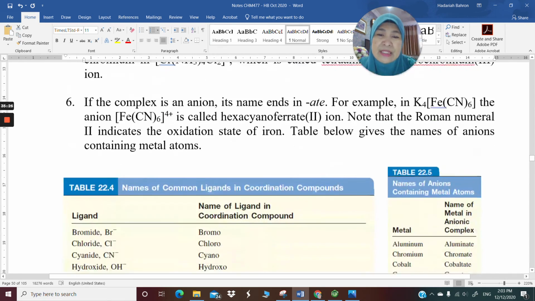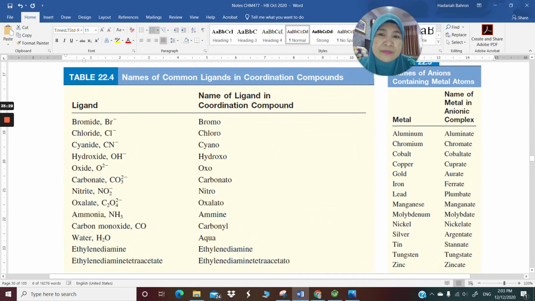Your bromide is bromo, chloride is chloro, cyanide is cyano, hydroxide is hydroxo, oxide is oxo, carbonate is carbonato, not carbonara. Nitrite is nitro, oxalate is oxalato.